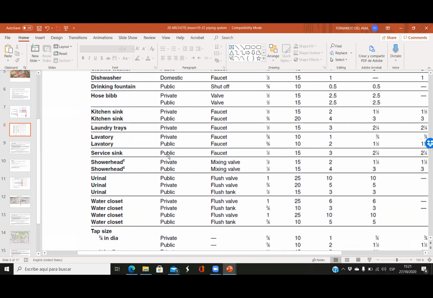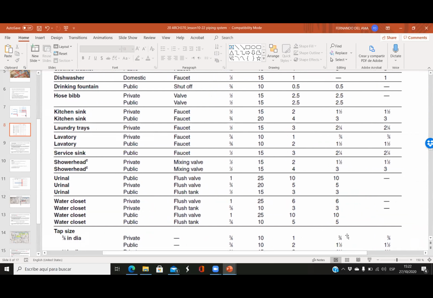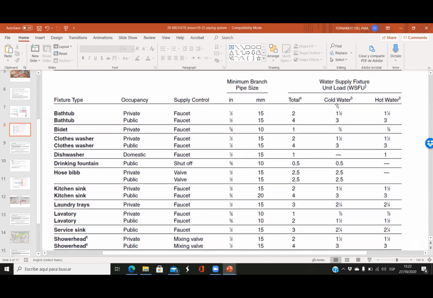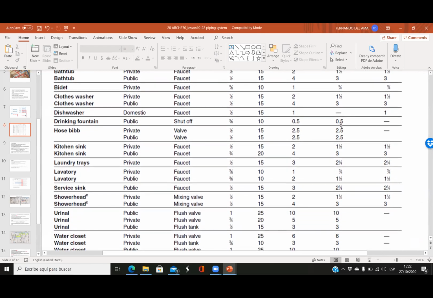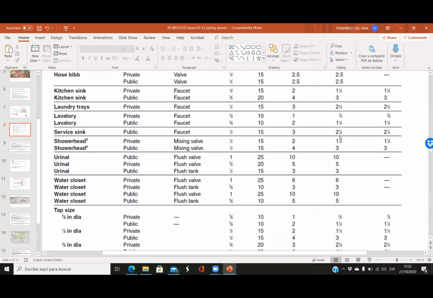So let's use this one. It's a public building. Yeah. So this is a half. You see that the branch is half. So for the 4 sinks, we have 1/2 inches. And the water supply fixture units for cold water is 2 1/4.